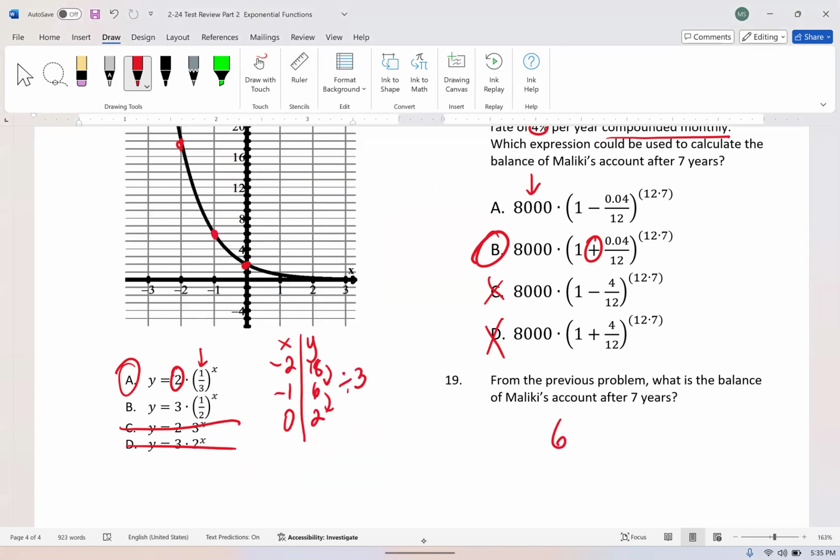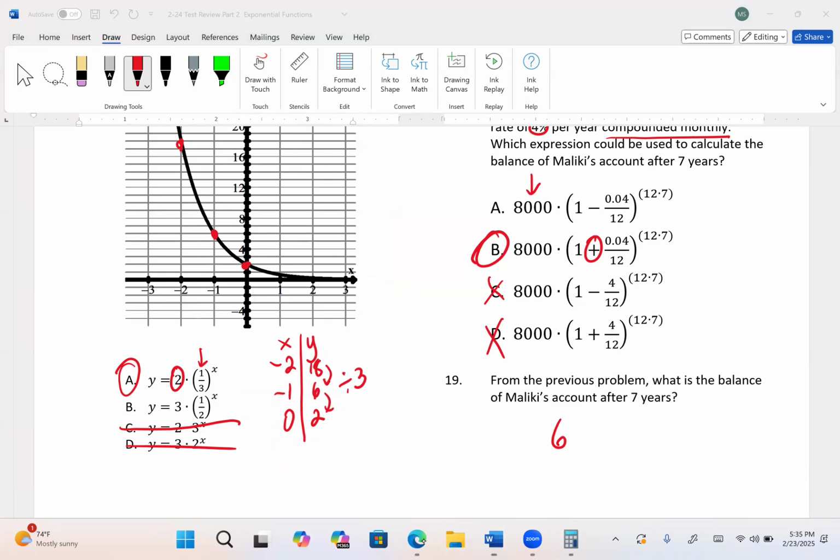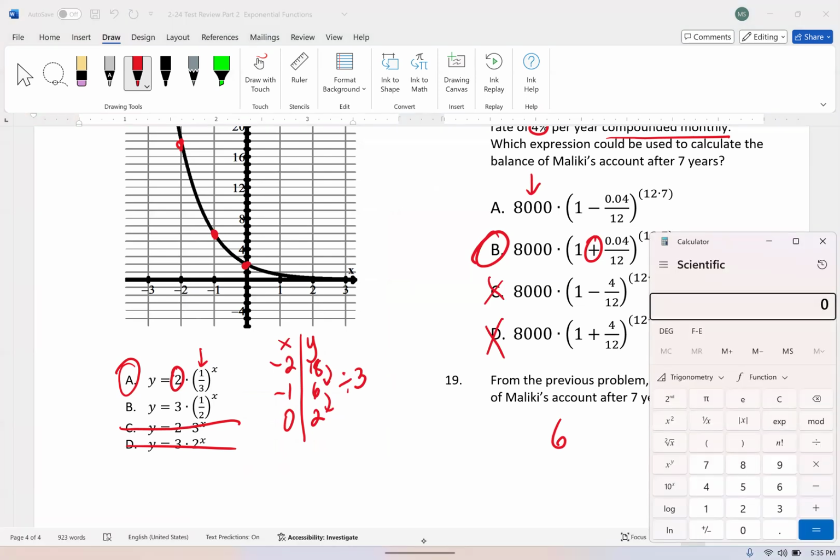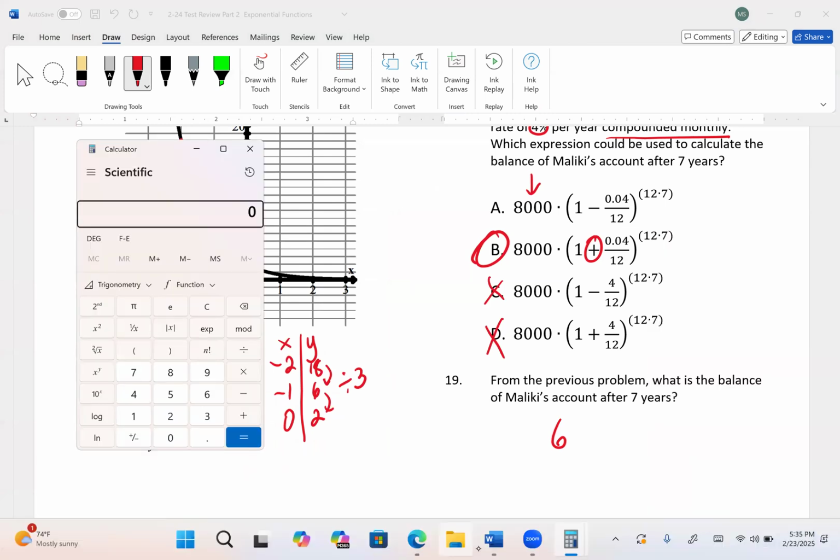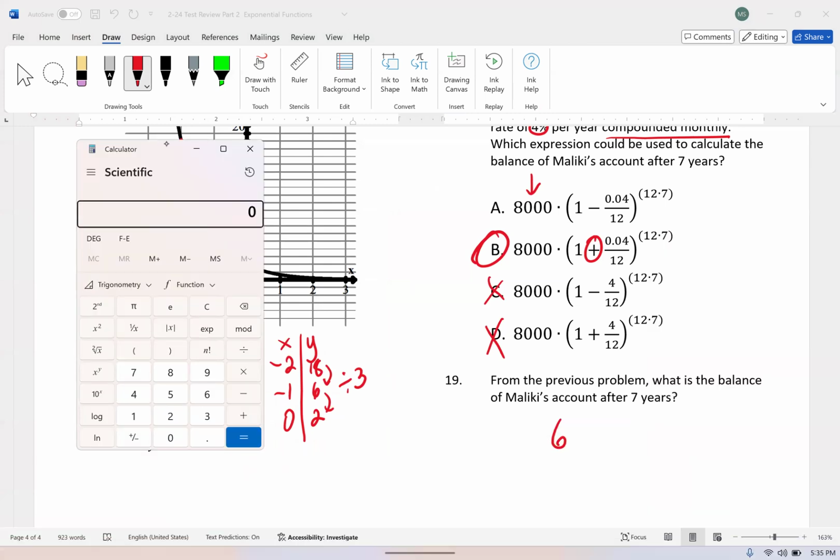What? Lost my calculator for a minute here. Oh no, I got to do it again. Sorry about that. I lost it.